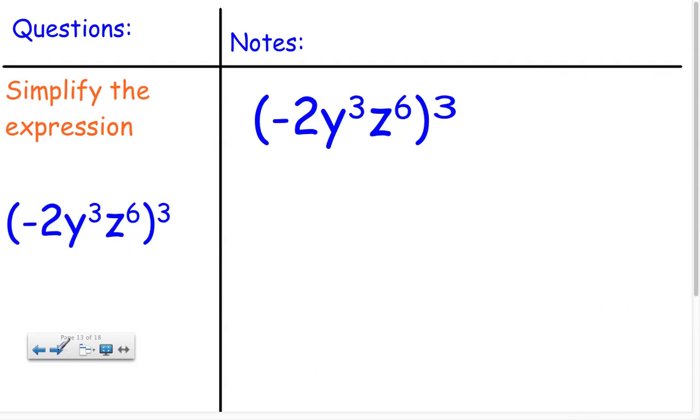All right, now I have negative 2, y to the third, z to the sixth, all raised to the third power. We have a bunch that are to the third power today. I'm going to go to my exponent outside my parentheses, which is 3. Then I'm going to write negative 2, y to the third, z to the sixth, 3 times.